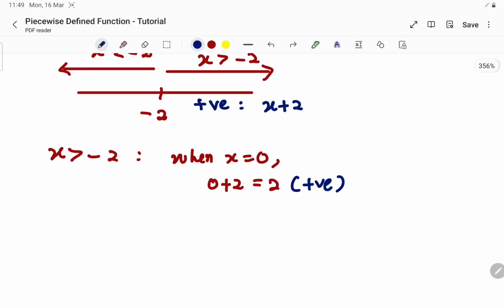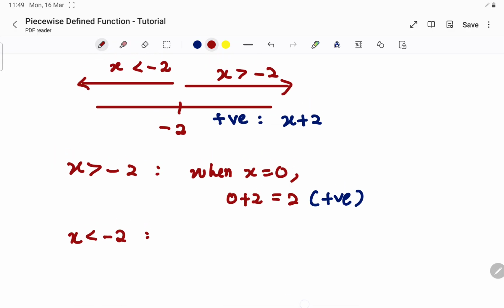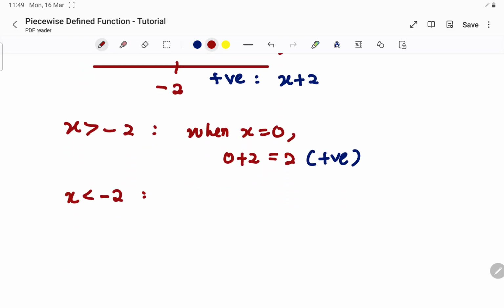Then the next one, we have another one, x less than or equal to negative 2. So here you can use any value inside x less than negative 2.